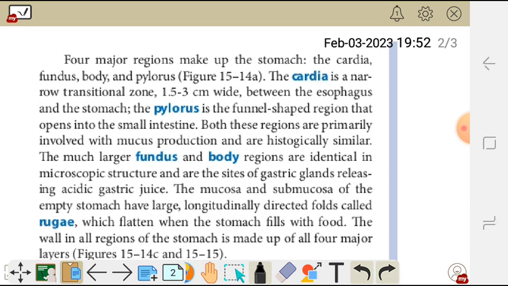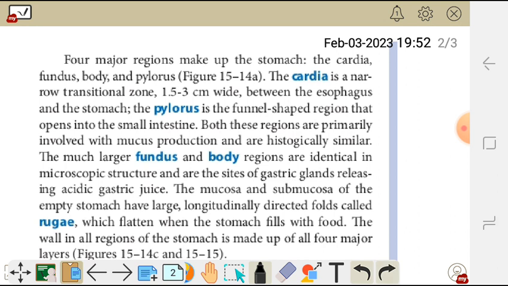Then let's now look at these major regions, which are the fundus and the body. These regions are identical as well in microscopic structure and are the site of gastric glands.